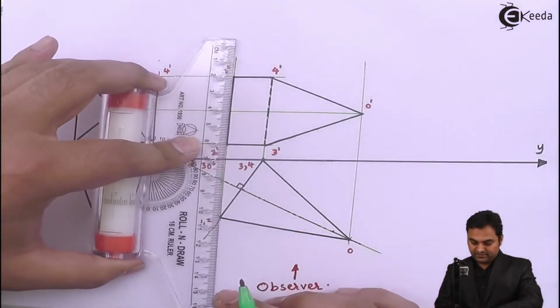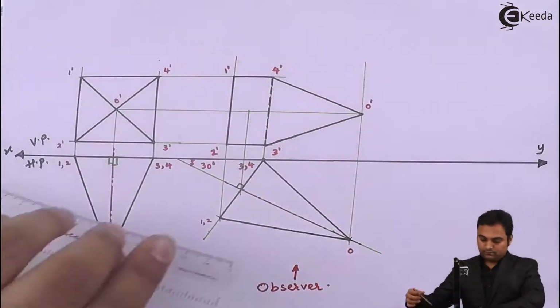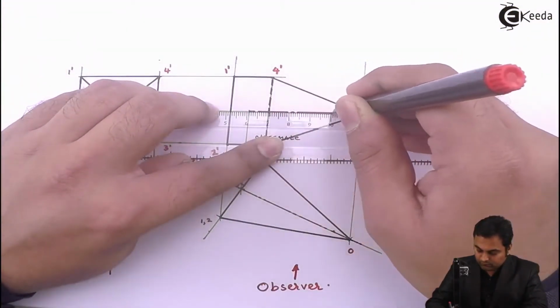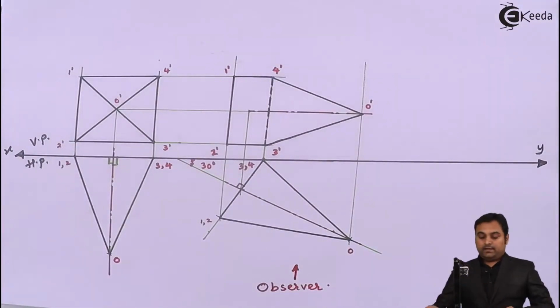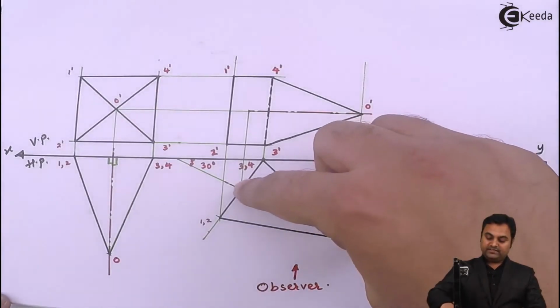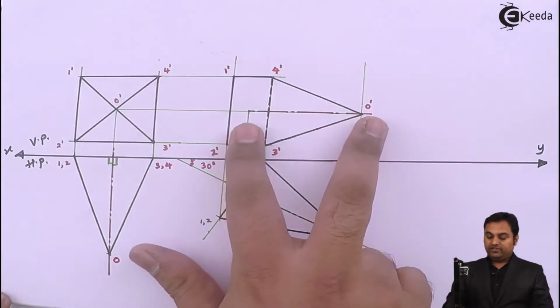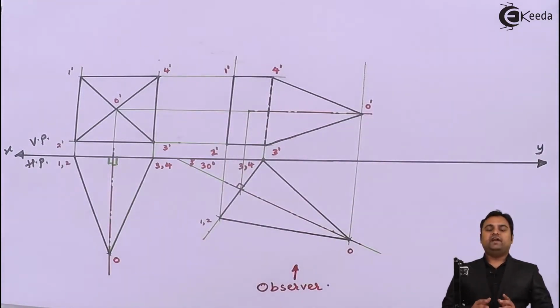I'll project the axis as well. Now once I have drawn the axis, I can say that in the top view we are getting the true length of the axis, which is 60, but in the front view this is the apparent length of the axis, and it is also called EL, that is elevation length.